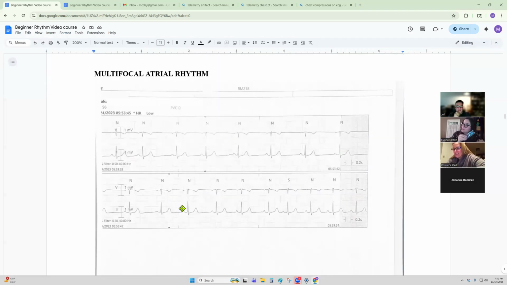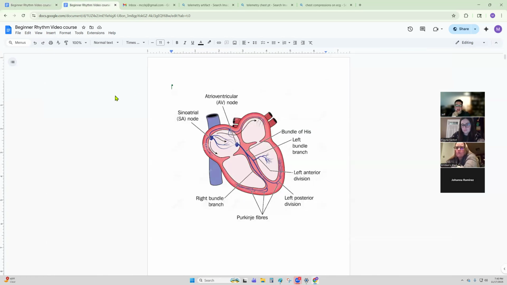So a wandering atrial pacemaker is going to be three or more different P waves, whereas atrial ectopic is two P waves, one coming from the SA node, one coming from the atrial chamber. In a classic wandering atrial pacemaker, there's going to be a consistent cycle. The SA node is going to fire for a couple beats, then the atrial chamber is going to fire, and the junction is going to take over.